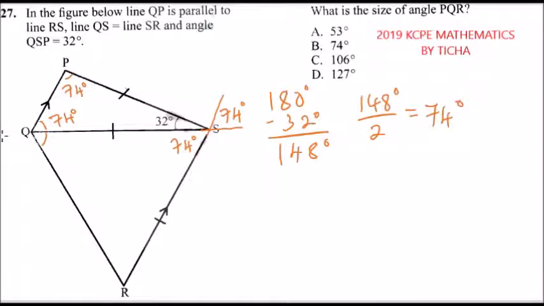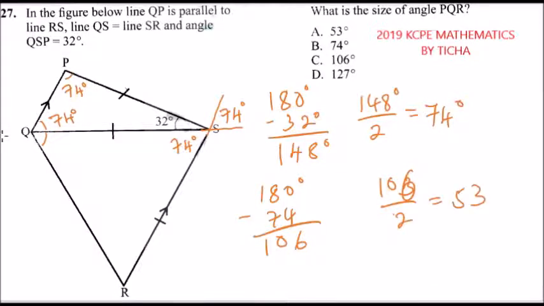Therefore this triangle QSR is an isosceles triangle. So you say 180 degrees, you minus 74, and you'll be able to get 106. We divide 106 by 2, we get 53.